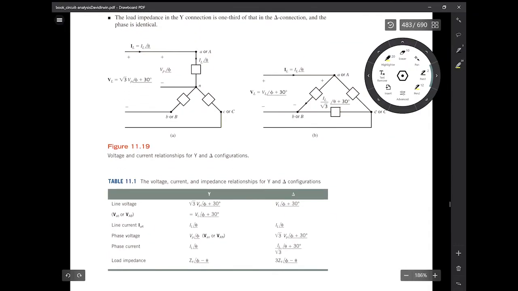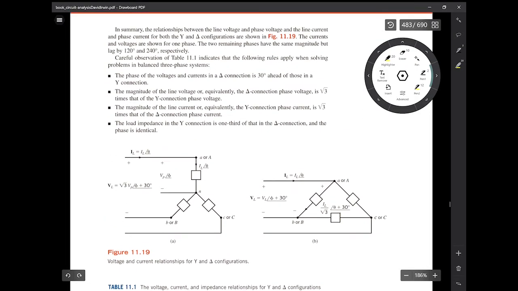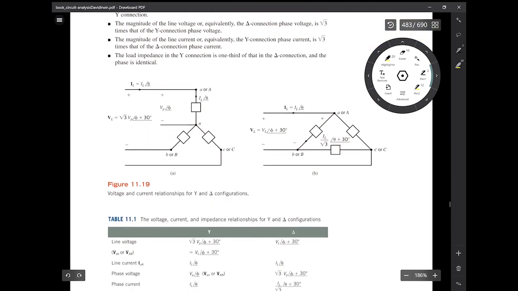Before we move on, I wanted to go through the summary presented in the textbook that shows the Y load and the delta load, and the relationships between the line-to-line voltages, the phase voltages, the line currents and the delta currents.